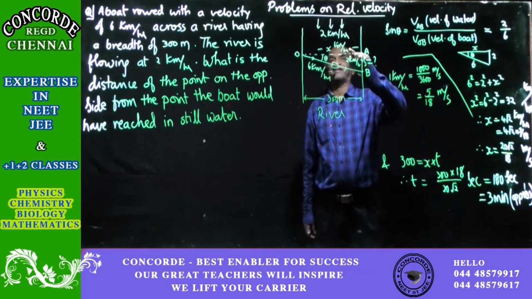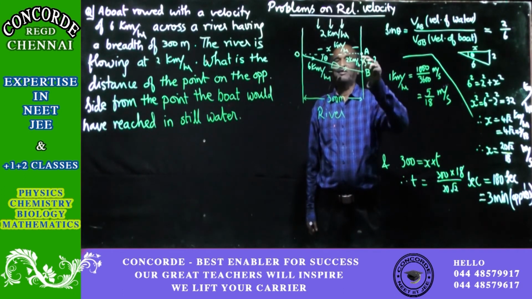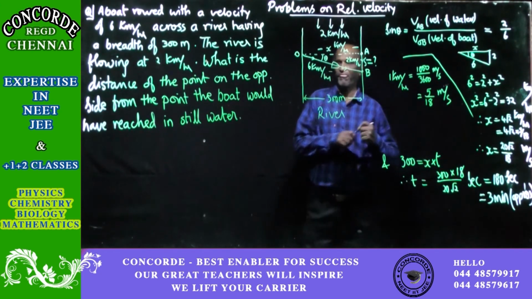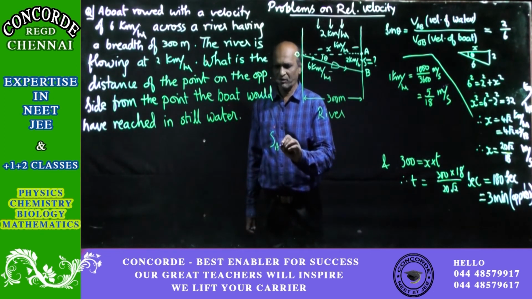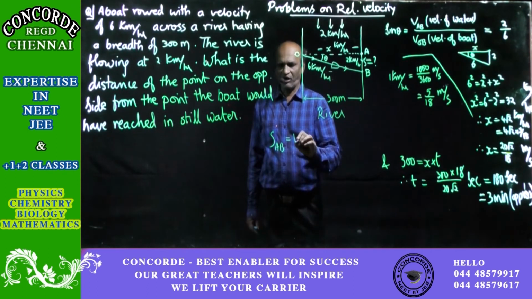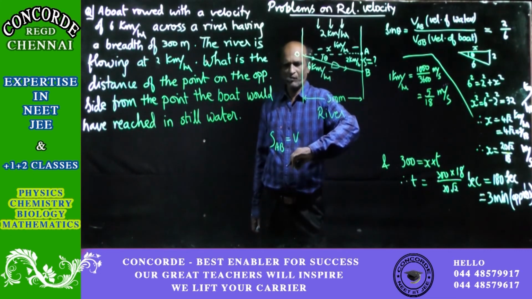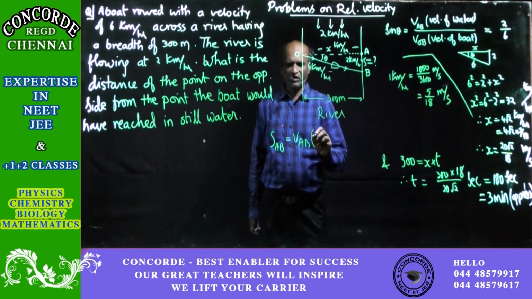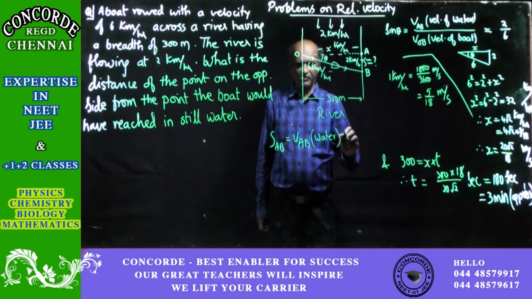So in this direction, we know the velocity of water. The time taken is 3 minutes. Distance is equal to velocity into time. Find what the distance will be. So the distance A to B is equal to the velocity A to B, this is for water, into the time t.